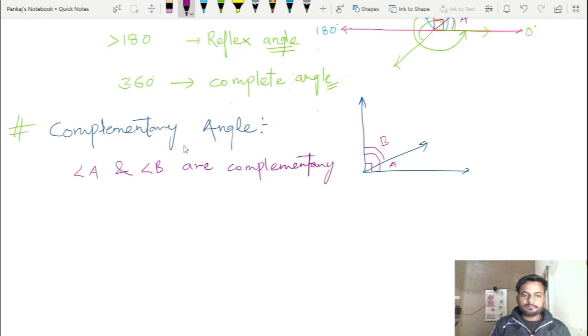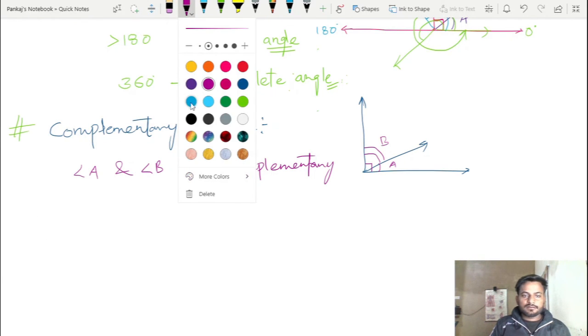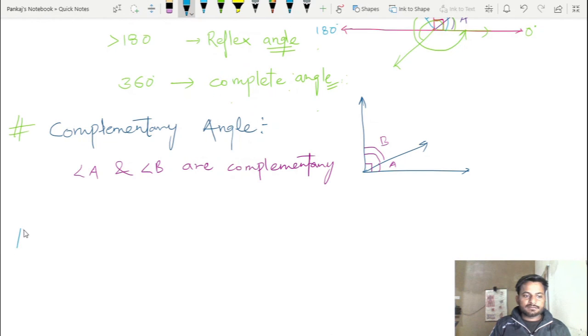Okay, one more thing we can discuss is supplementary angles.